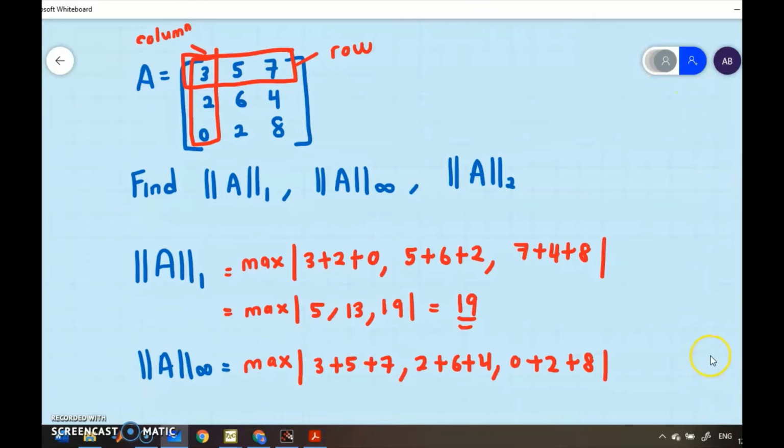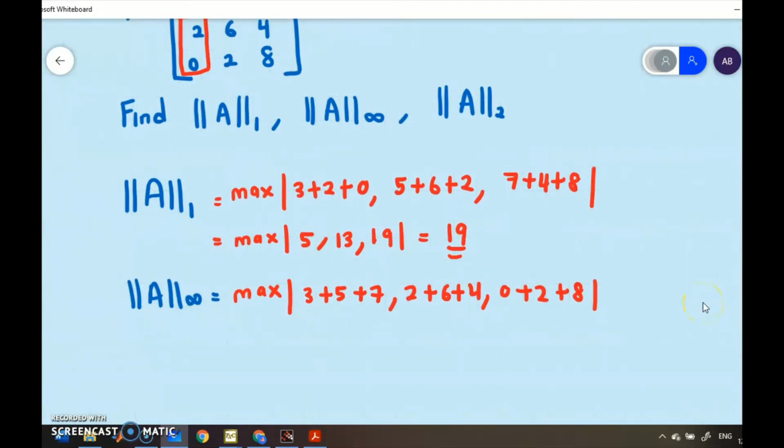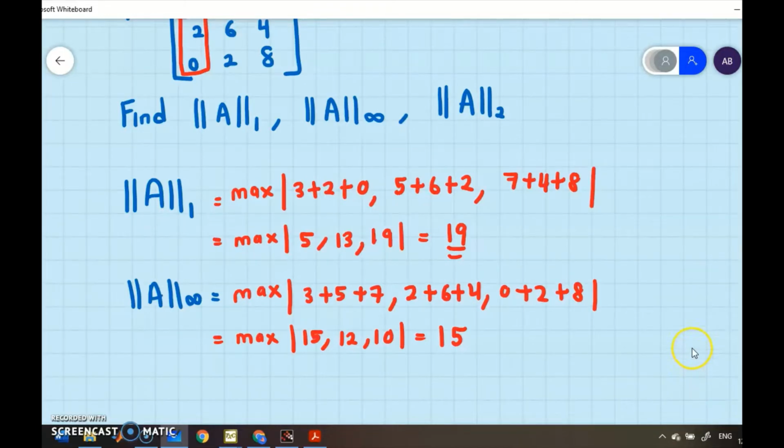Now you find the maximum of these: 15, 12, and 10. So the maximum will be 15. We need to learn how to find this, because this will be useful to find the convergence of a method in the future. So you need to know how to do this.